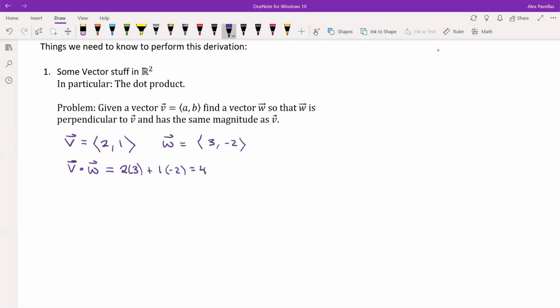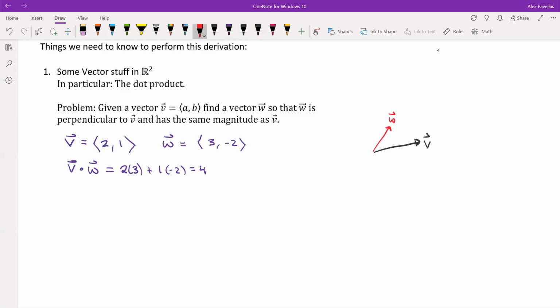Now, what on earth does this mean? How do we interpret this number that we get when we perform the dot product of these two vectors? Well, it tells you something about the relationship between these two things. So if you've got a couple of vectors over here, let's say that's v and that's w.